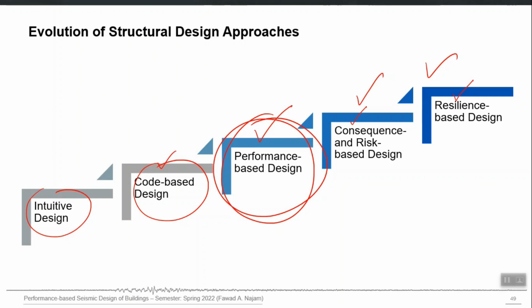The cross sections and steel are designed such that the design displacement can be achieved, right? So displacement becomes the main design parameter. This is in a nutshell the overall philosophy of all displacement based design procedures, that they start with the selection of a design displacement, right?